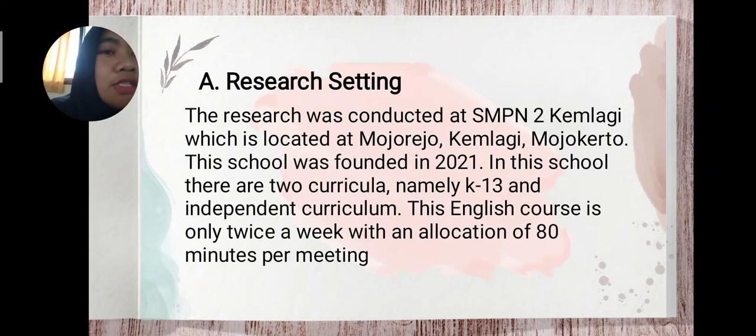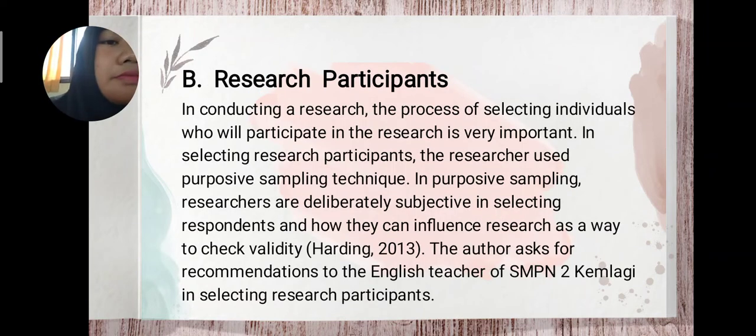This school was founded in 2021. In this school, there are two curriculums, namely K13 and the independent curriculum. This English course is only twice a week with an allocation of 80 minutes per meeting. Research participants. In conducting research, the process of selecting individuals who will participate is very important.